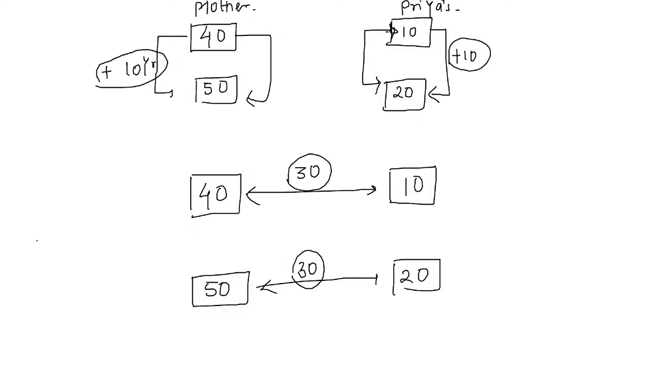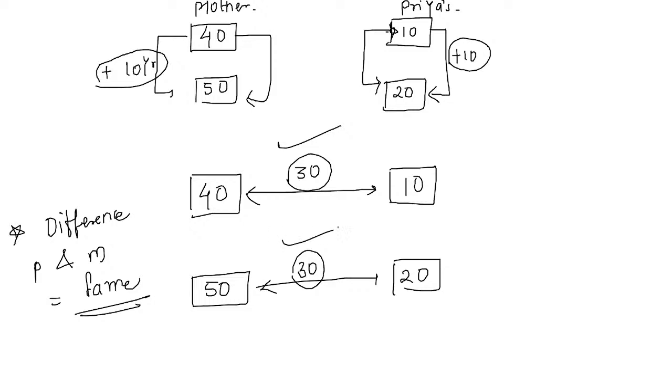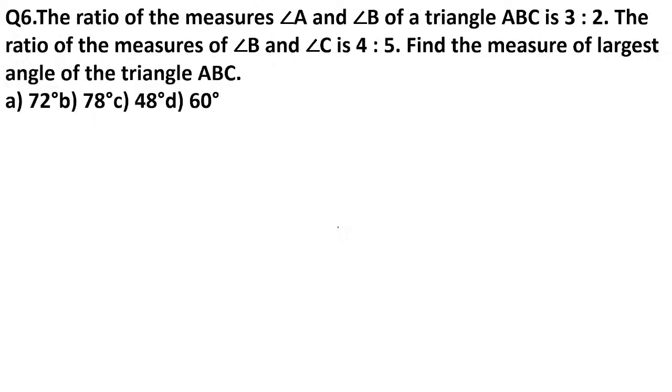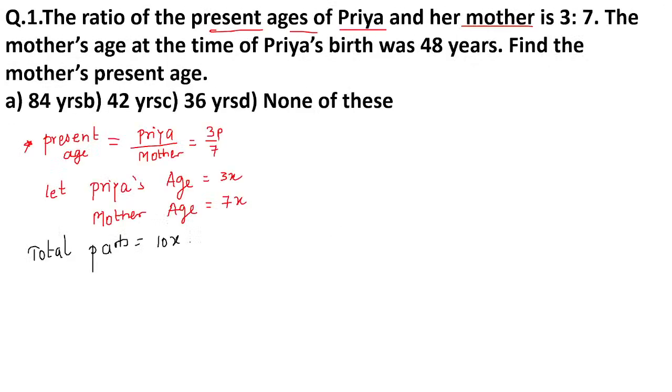Yes or no? Look here. Difference of the ages between Priya and her mother is always going to remain the same. Have you understood this concept? Yes, that the difference between the ages of Priya and her mother is always going to remain the same.